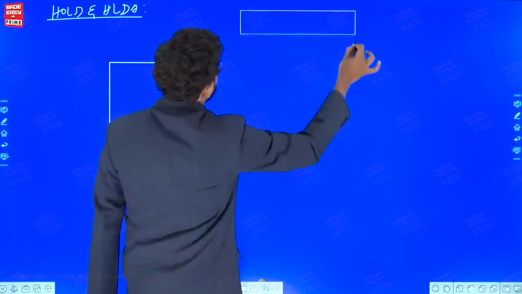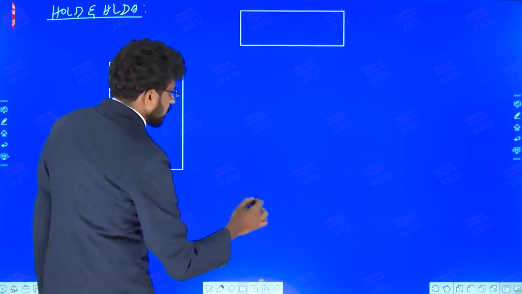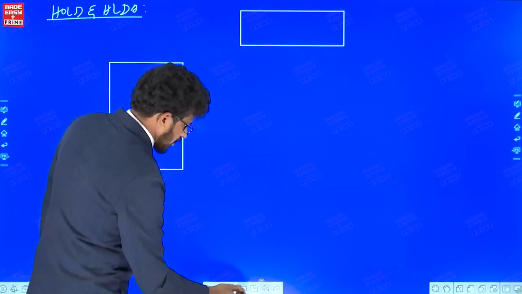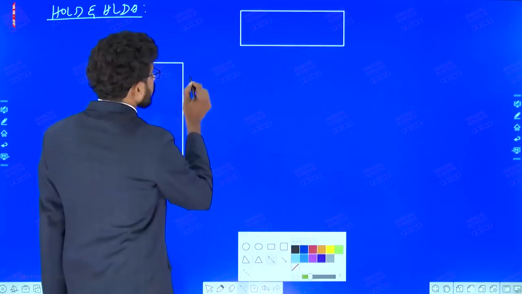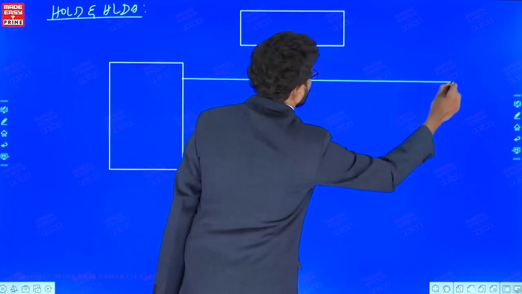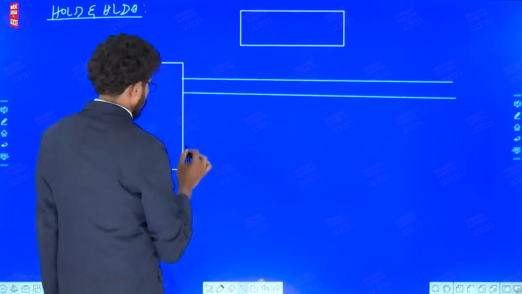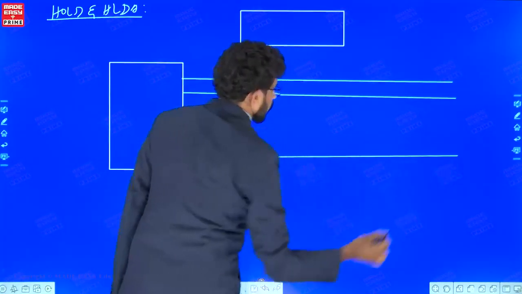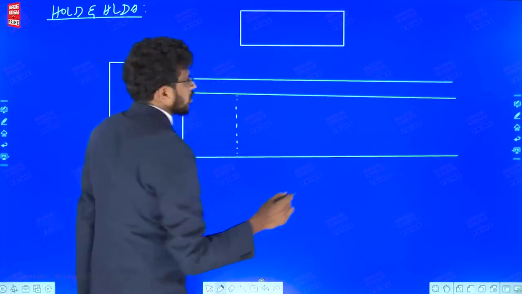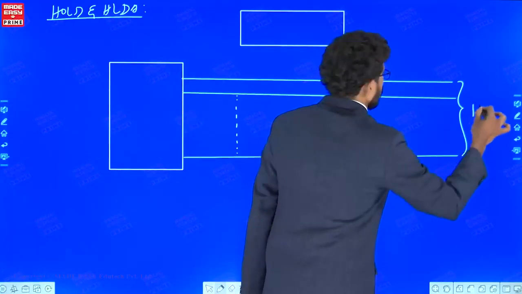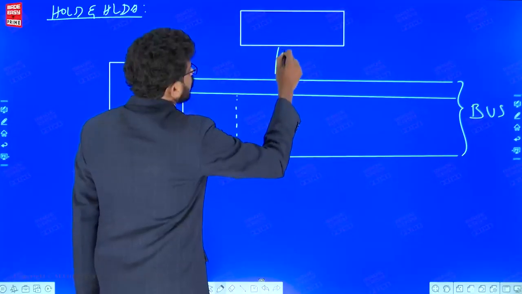And there is some memory here, and there are some devices. There is some bus, let us say there is a bus here. So this is the bus, the communication path, and memory is also connected to this particular bus.